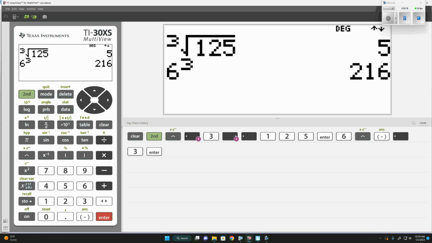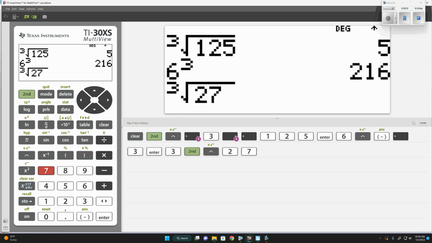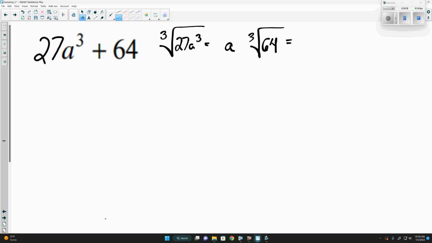But we can still take the cubed root of 27, which is 3. So the cubed root of 27a to the third is 3a. Cubed root of 64 is 4. We already found it once, so we're good there.